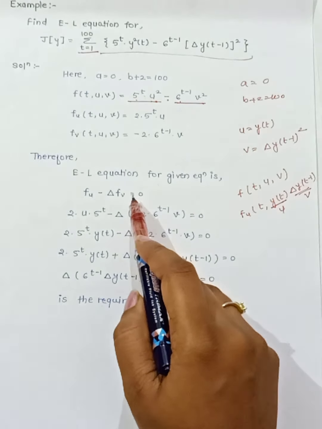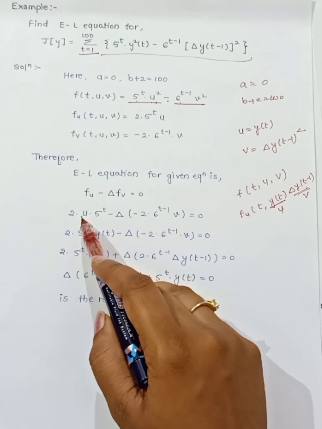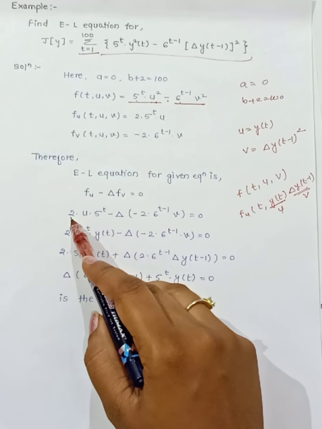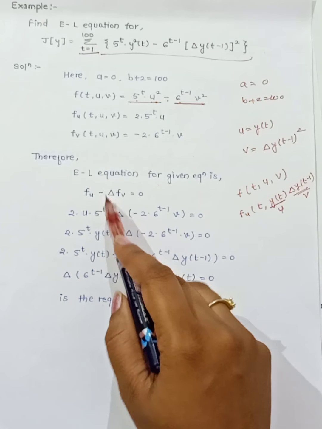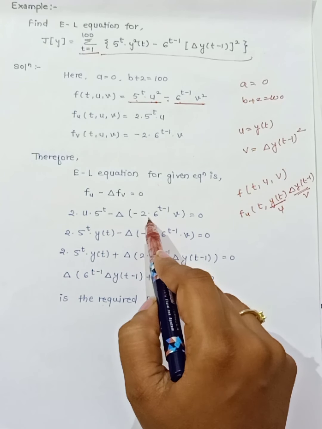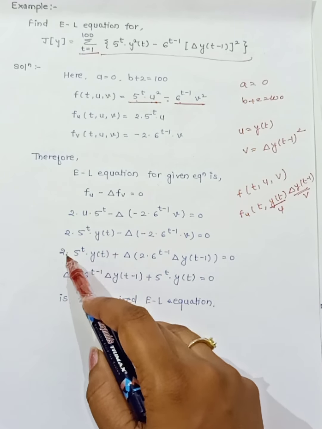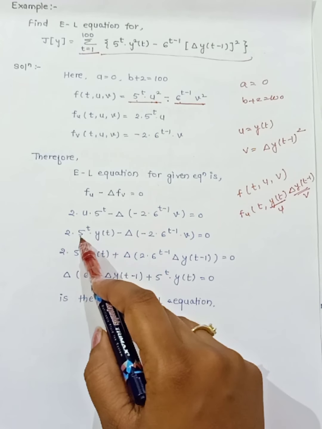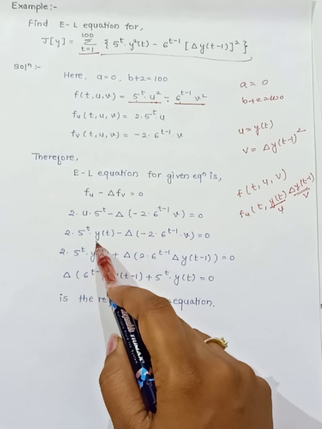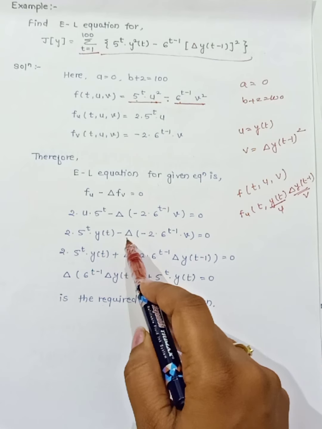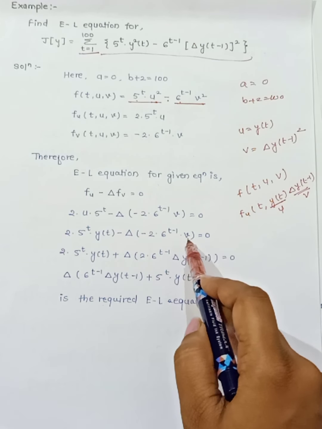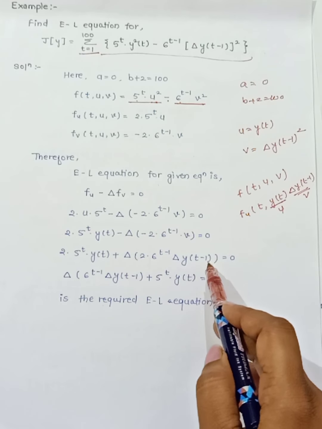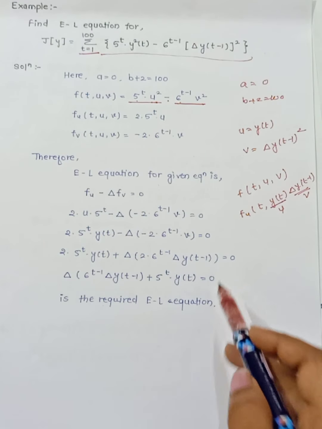This is our EL equation. After putting in the values, f_u was 2 into u into 5^t minus Δ of, and this is the value of f_v. So by solving this we get 2 into 5^t, in place of u y(t), minus Δ of this term as it is, and in place of v, Δy(t−1), equals 0.